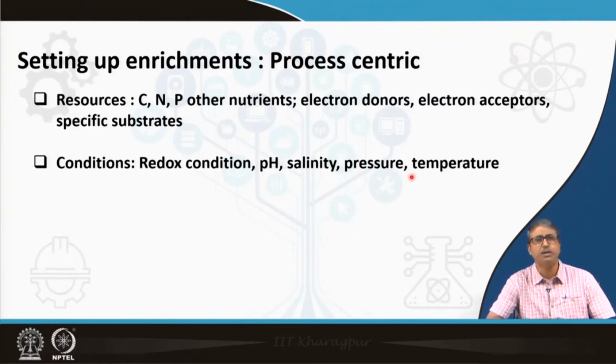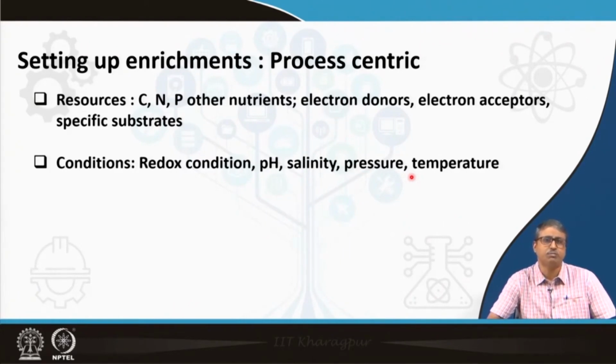So, how do we put them, or how do we prepare our medium for this case? For that we need a detailed chemical analysis of the waste material, and then based on those detailed characteristics of the waste material, we have to prepare our medium, and that medium has to be incubated at a higher temperature.